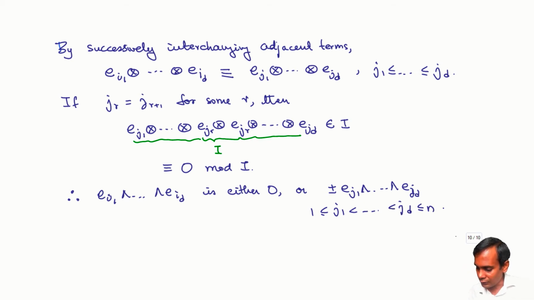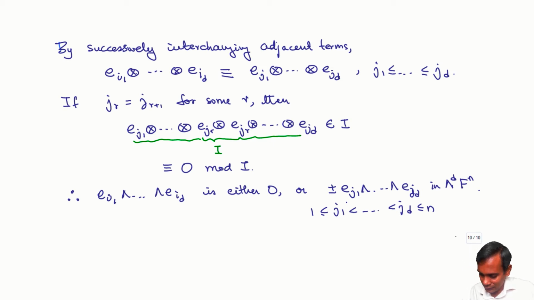In wedge D F^n, since the image of a basis is a basis, this is a generating set, because the image of a basis of a vector space modulo a subspace is a generating set.